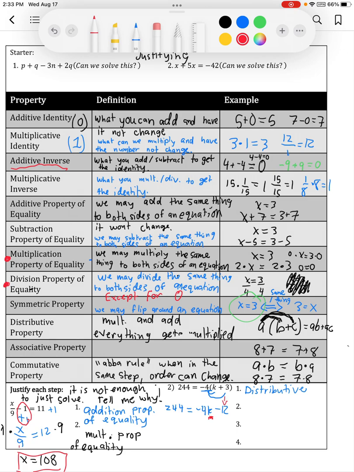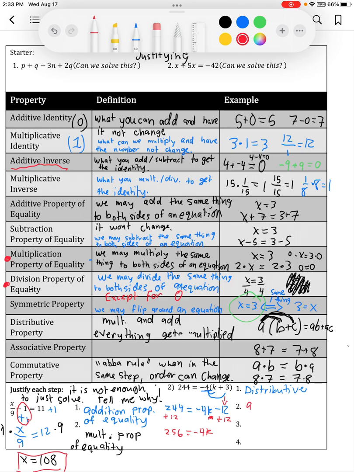So how do we undo a -12? Well, what's the opposite of subtraction, which is the current relationship between the k and the 12? That's going to be addition. So if we add 12 to both sides, that will give us 256 plus 12 is equal to -4k.